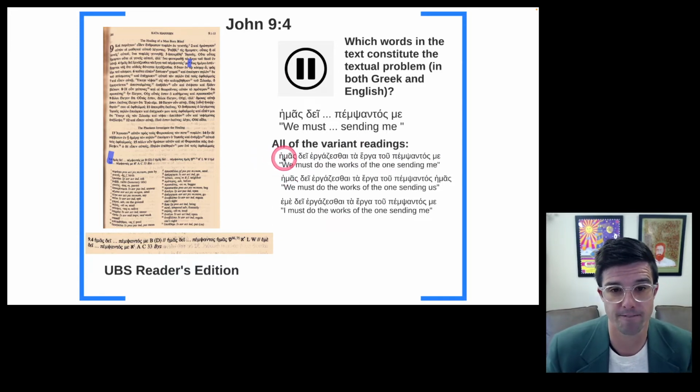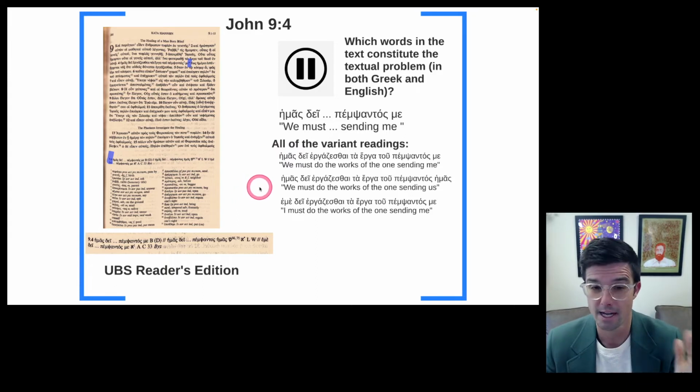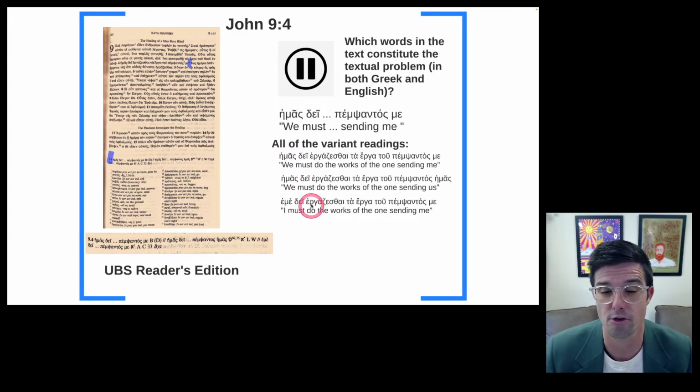This is our first one, the one that is printed in the body of the text. This is the second variant reading that comes after the first set of parallel slashes, and this is the third one coming after that second set of parallel slashes. So the differences have to do with the first and last word here, hemos and me.